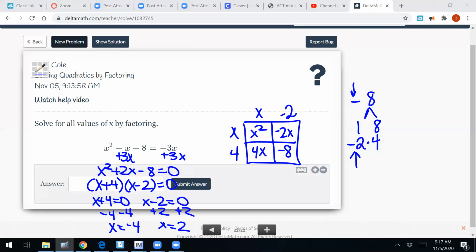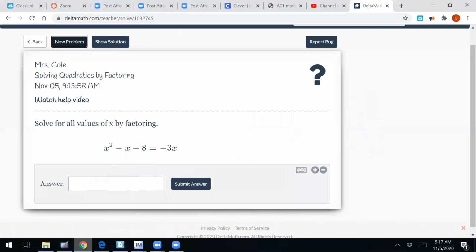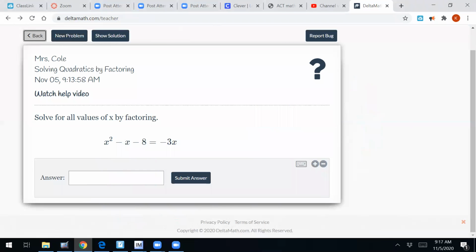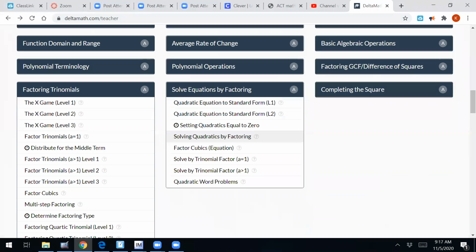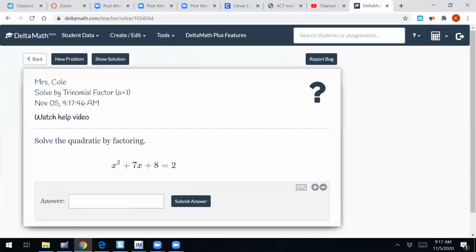Got it? Now, let's go back. The next topic was this one: solve a trinomial by factoring. So this is exactly what we're doing. It's the same thing. You've got to get it equal to 0.